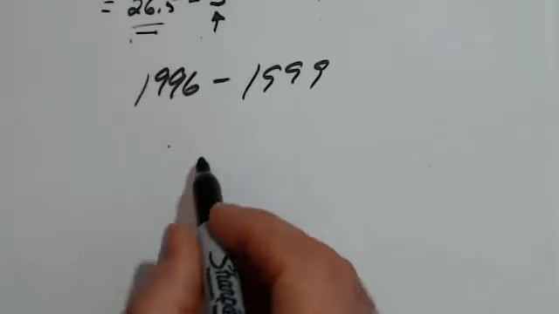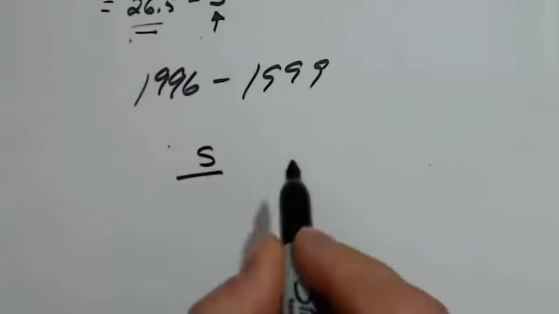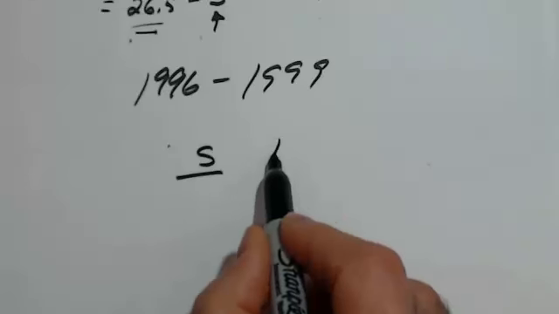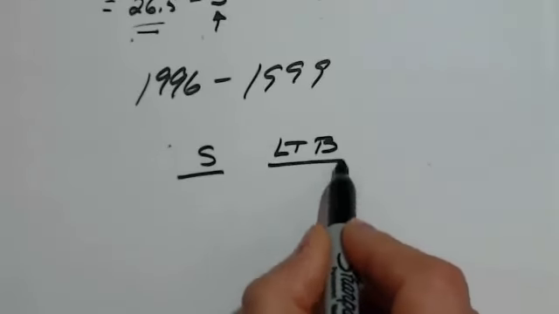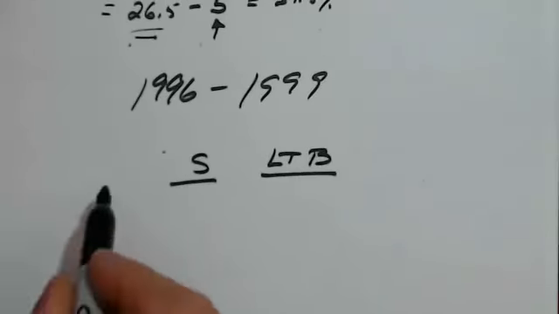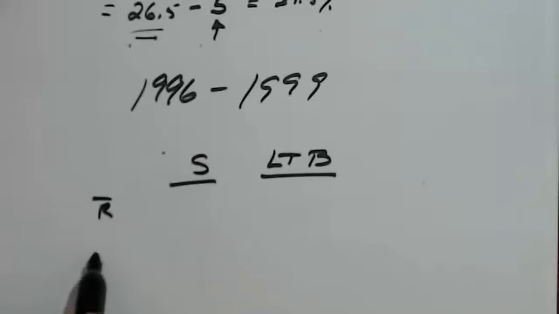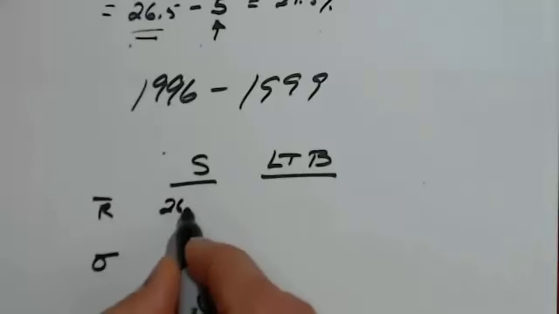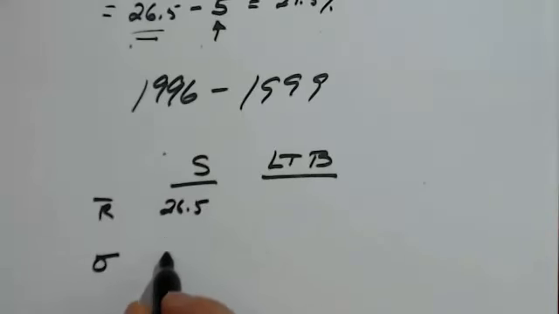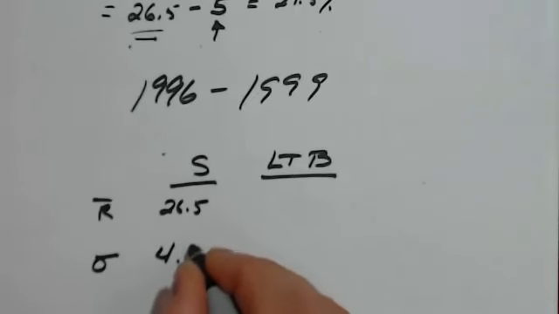And here's why. So we looked at stocks, and we can also look at long-term bonds, which are in that table I gave you. And we can look at the averages, average return. We can look at the volatility. And we calculated this to be 26.5 and this to be 4.86.